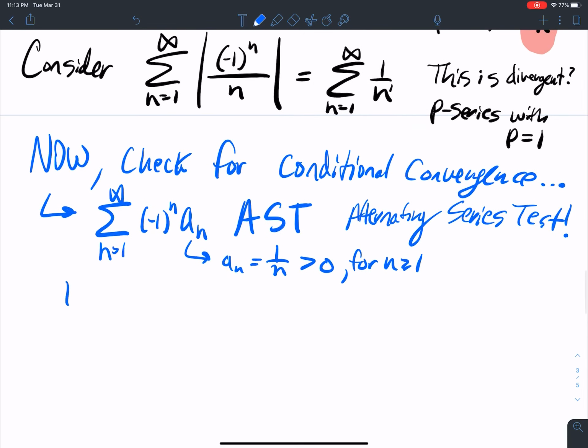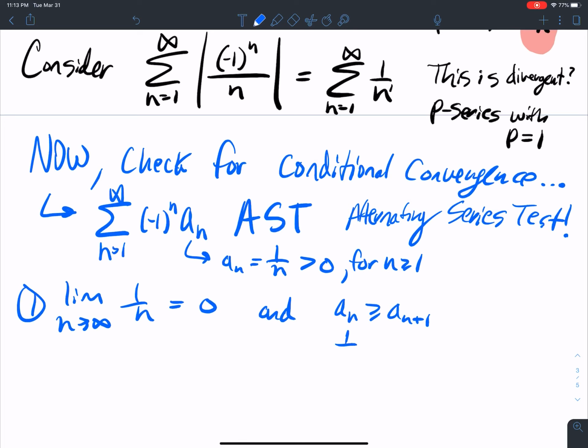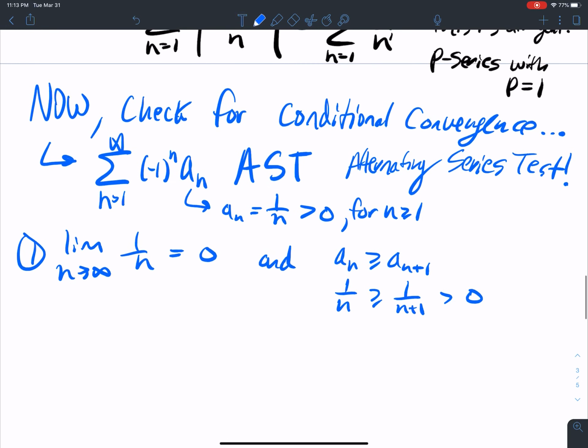The limit as n goes to infinity of 1 over n is equal to 0. And what else do I know? a_n is greater than or equal to a_(n+1). Is this true? 1 over n greater than or equal to 1 over n+1? Well, I know all those terms are greater than 0, so that tells me that for the reciprocals, n+1 is greater than or equal to n. And that is definitely a true statement. So this is true.